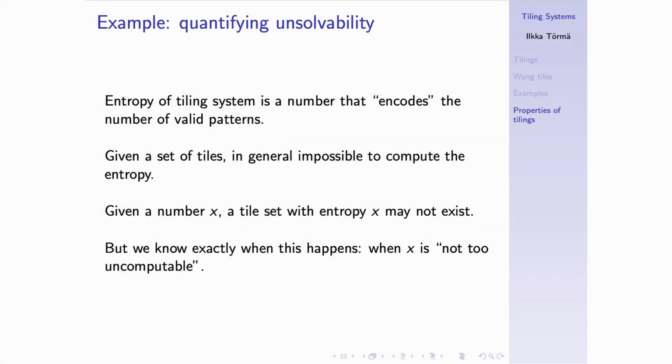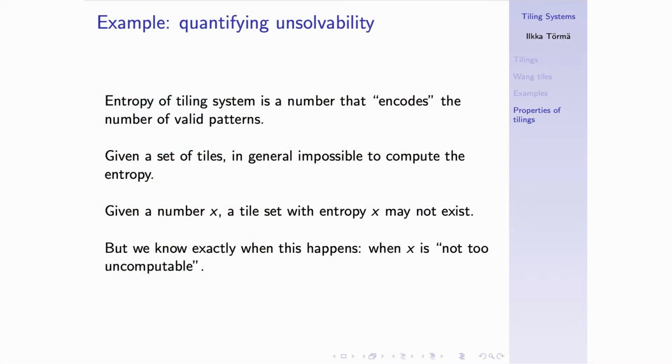And this has led to a result of characterizing the possible entropies of tiling systems, which is very abstract and maybe not useful for many things, but it was sort of a groundbreaking result in this theory when it was first published around 2008.